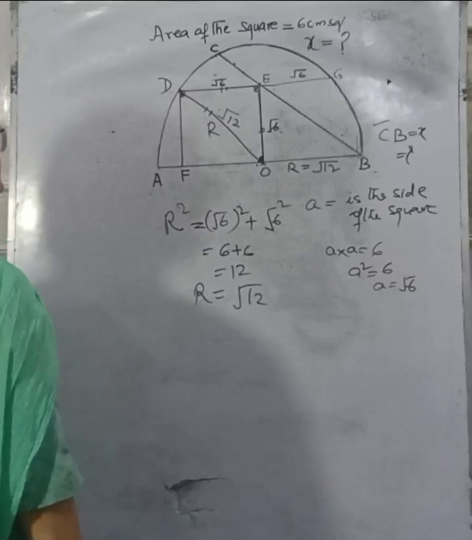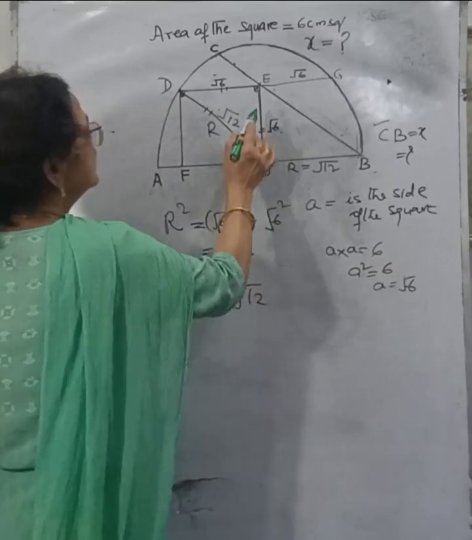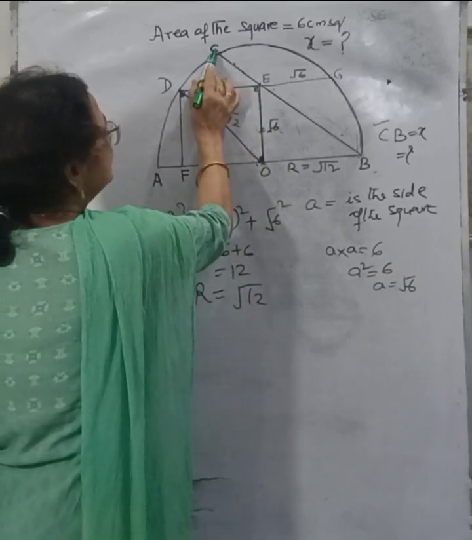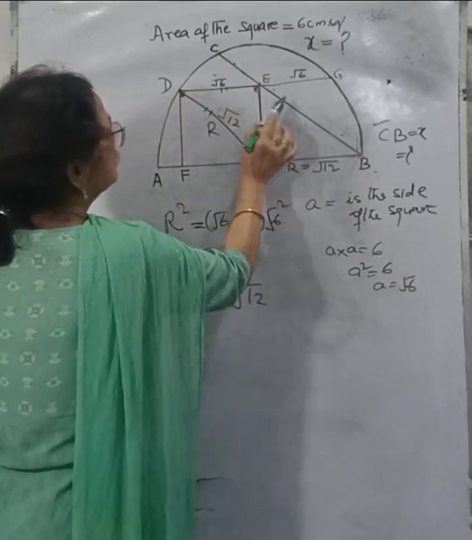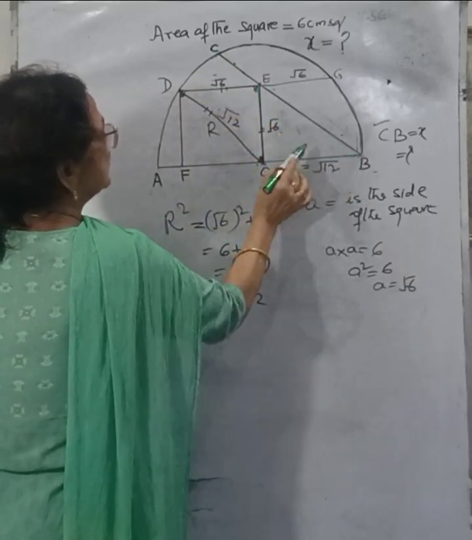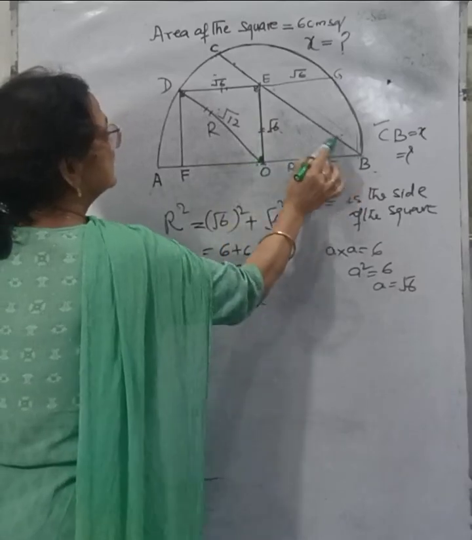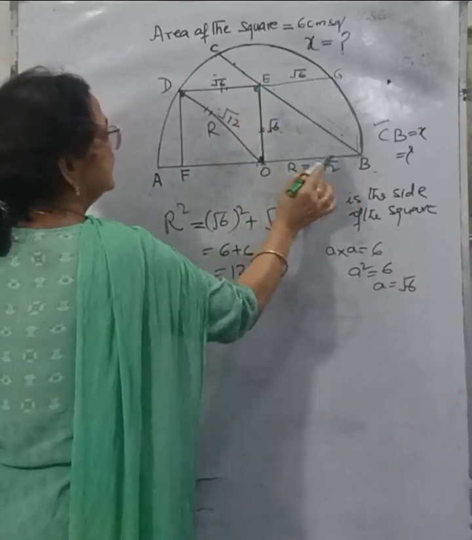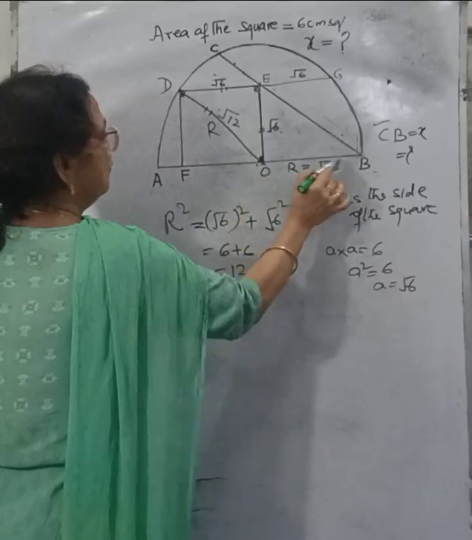So what happened here, we have to find the chord CB, out of which this portion can easily be obtained in this triangle EOB.